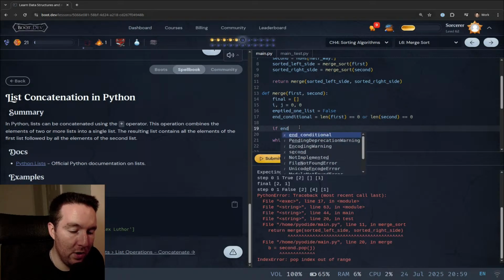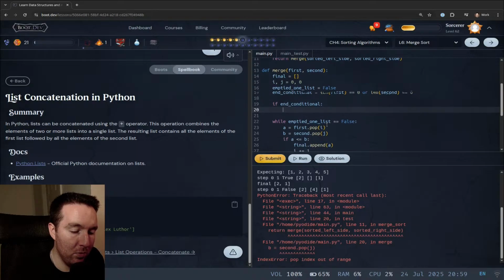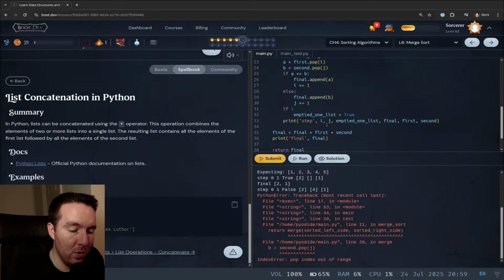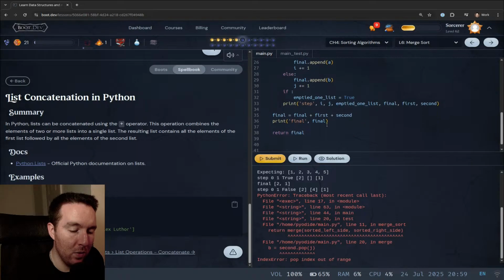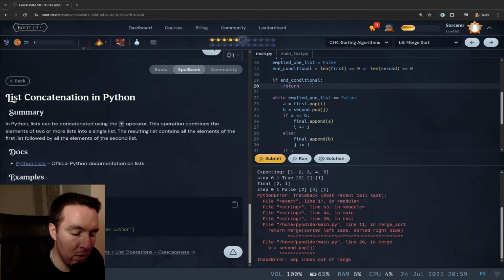So if end conditional then I guess return first plus second.